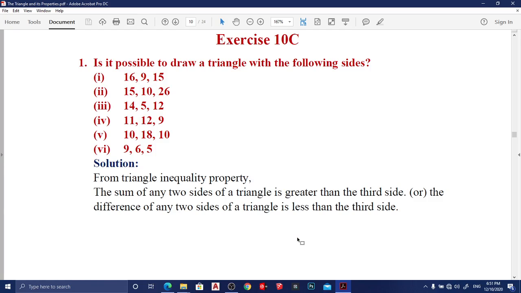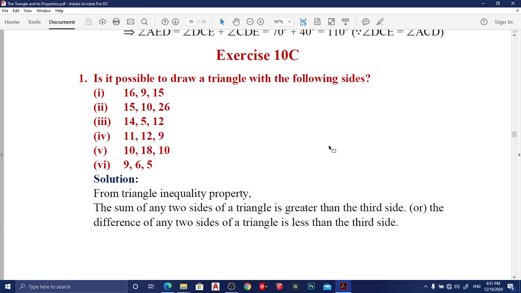Now we are going to learn the problems based on the Pythagoras theorem, converse of the Pythagoras theorem, and Pythagorean triplets, which have been explained in the previous class. See here, in the first problem: is it possible to draw a triangle with the following sides?